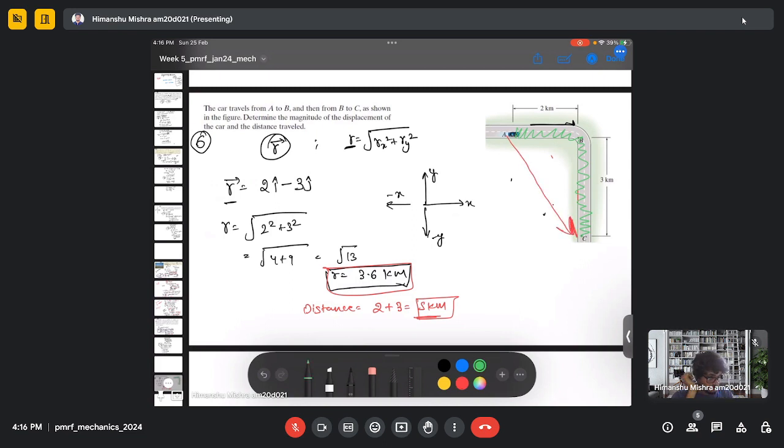So this green region is actually representing the total distance which is traveled by the car, and this red line, this is the vector quantity which is actually representing the position vector or the displacement vector r. And this green shaded line is actually representing the distance.